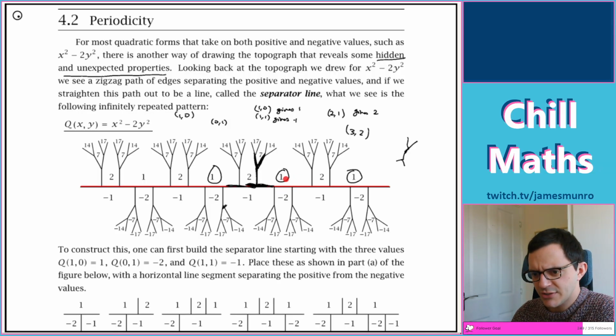And that's going to give us another solution later on for some larger numbers where x squared minus 2y squared is 1. We're going to find it by walking along the separator line to get things that are close to 0, because 1 is close to 0. I'm finding it really hard to follow the cross-shaped things to get to the next one.